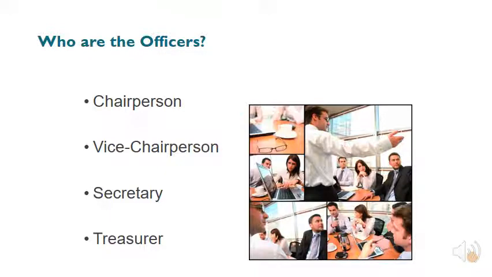The bylaws of each board and committee will provide some guidance on the roles and responsibilities of the executive officers. These officers often include the chairperson, the co-chair or the vice chair, and sometimes co-chairs.